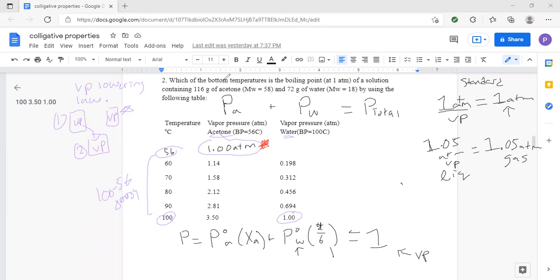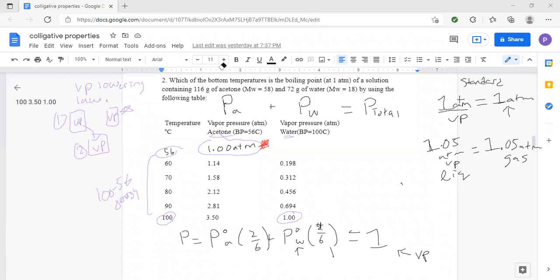And the mole fraction for acetone is going to be 2/6. All I did was find the moles of water, and then the moles of acetone. Here's the moles of water, it's 4. Here's the moles of acetone, 2, and I put them over 4 plus 2, which is 6, the total moles.